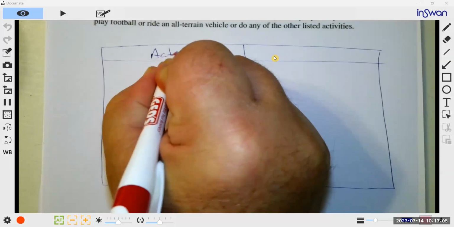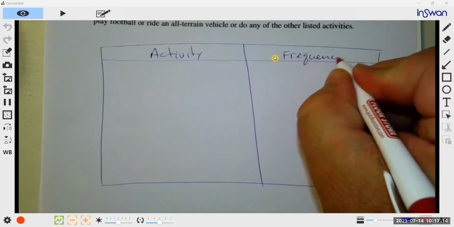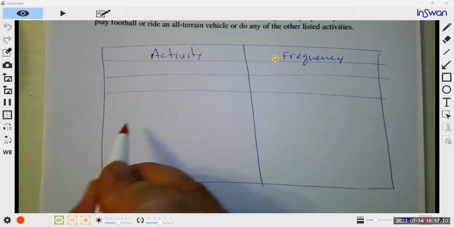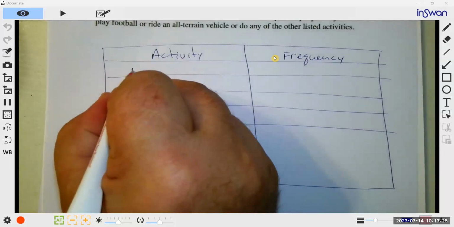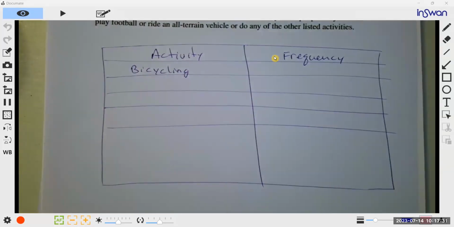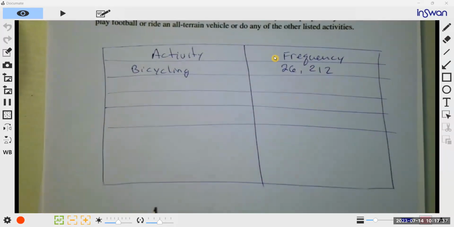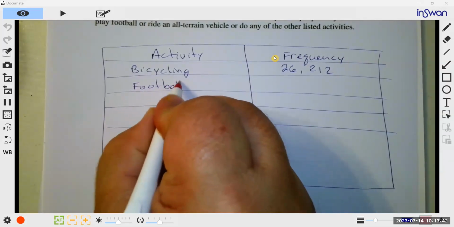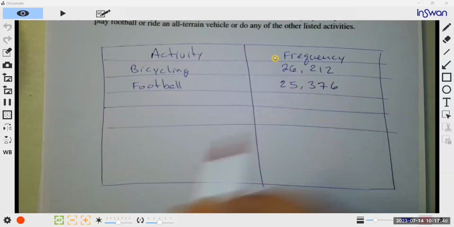The activity and the frequency. So the first one we have is bicycling, and its frequency is 26,212. Then we have football, which is at 25,376.